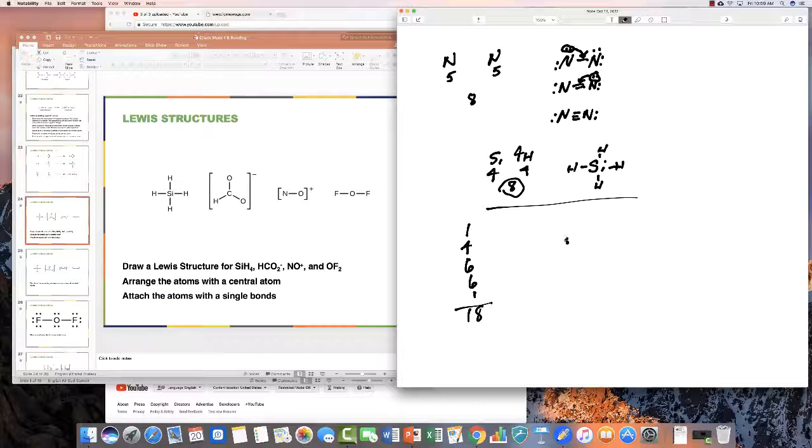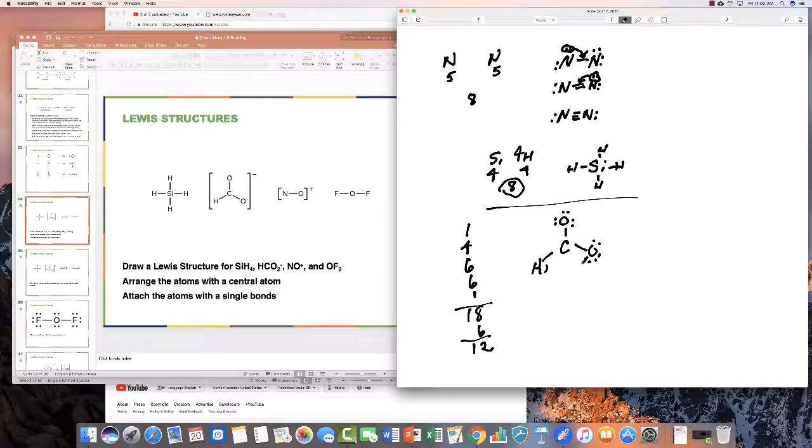Then you draw, as it says, you draw these around like this, and you've chosen this as your central atom, which is common, to choose the non-hydrogen single atom as the central atom. So there's 2, 4, 6, so that's 12 left over. Hydrogen doesn't get any, so you can put the rest of the 12 around the outside here, and you can do it like this. And so that's all 12.